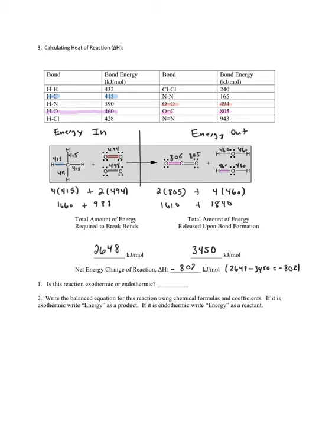And so I have a negative delta H. That means I have an exothermic reaction. I've gotten more energy out than I put in, right? And this is combustion of methane. We burn methane because it gives off heat, right? If you had endothermic, you would have a positive delta H.